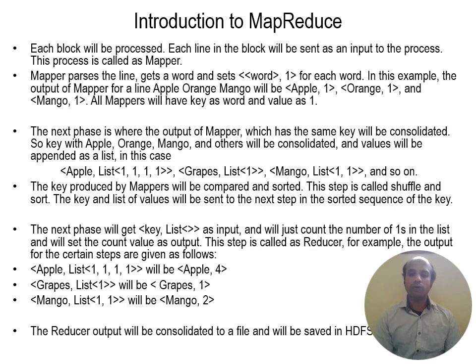Then we have mango, the list is 1, 1, which will be mango and then 2, which are the key value pairs. The reducer output will be consolidated to a file, and that will be saved in the Hadoop distributed file system. So all these key value pairs.